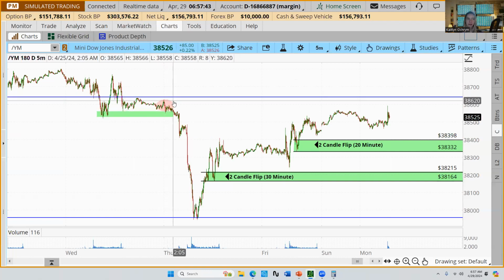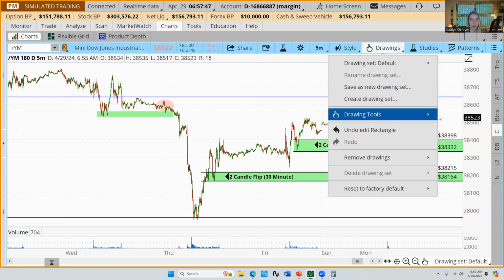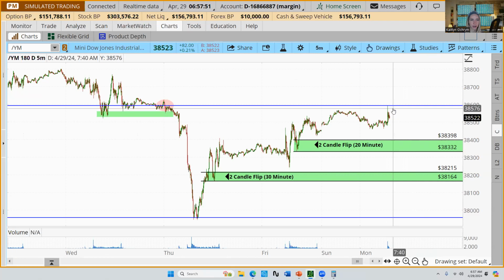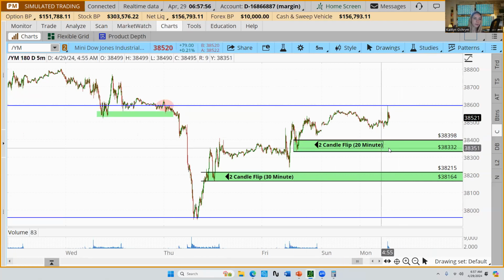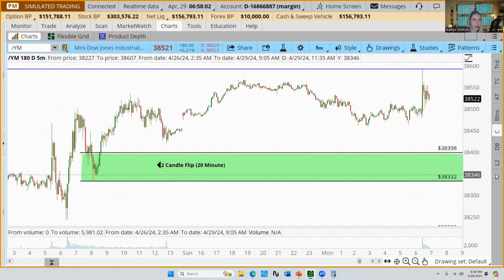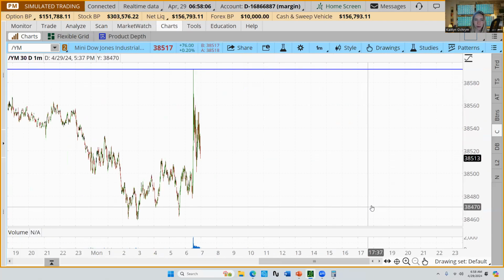Here was that last pivot before the breakdown, and that's exactly where price tapped before pulling back. So there could be a decent amount of selling pressure coming in that we'll want to keep an eye on for a breakout trade short. I'm going to come down to the 1 minute.